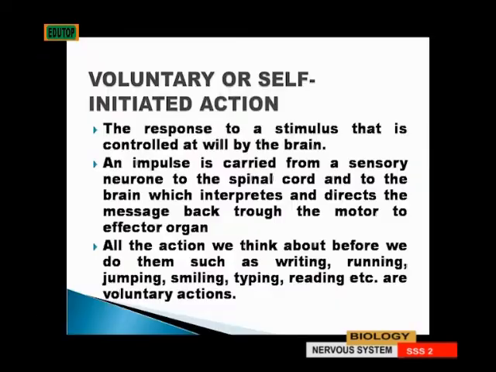Now, voluntary or self-initiated actions. This is a response to a stimulus that is controlled at will by the brain. Voluntary action is not something that you just do without knowing about it. It is controlled by the brain and is a response to a stimulus that has occurred. An impulse is carried from a sensory neuron to the spinal cord, then to the brain, which interprets and directs the message back through the motor neuron to the effector organ.